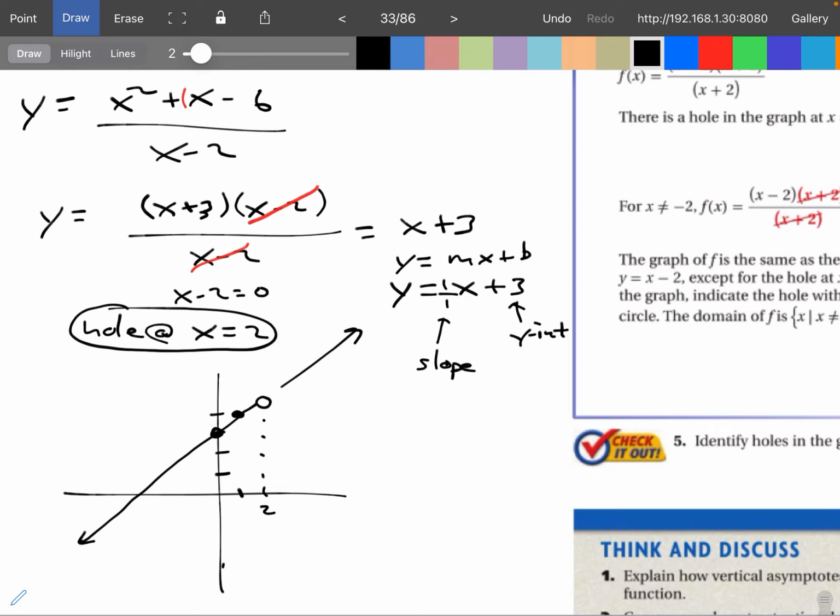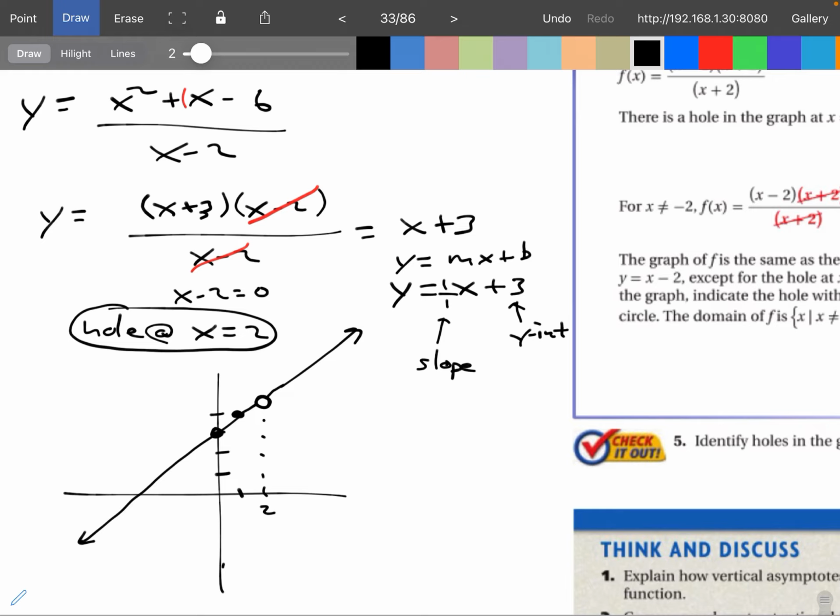Not that big of a hole. So there's a little hole in the graph. Okay? That point is missing. And that'll show up on your graphing calculator sometimes, and sometimes it won't.